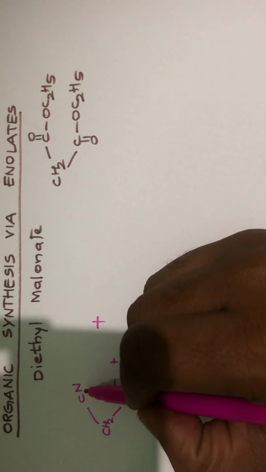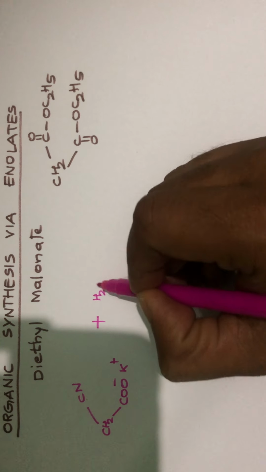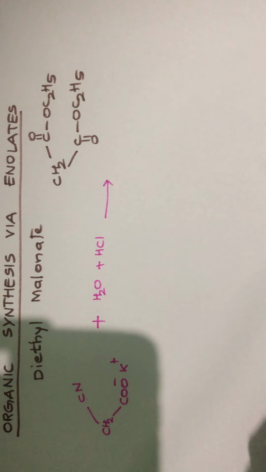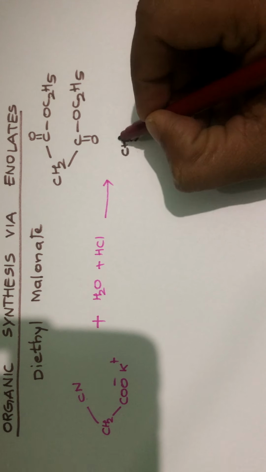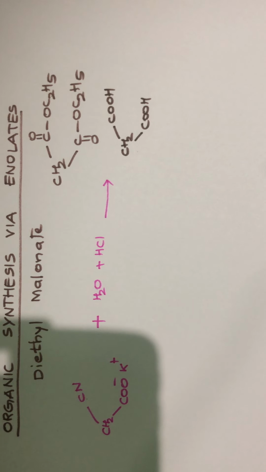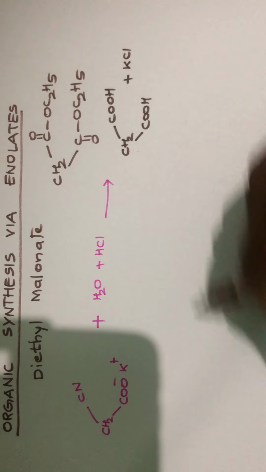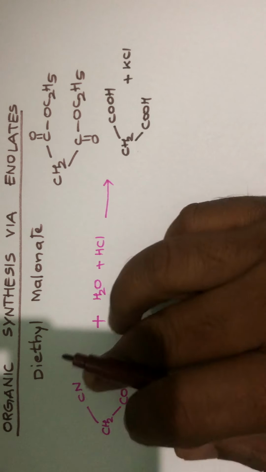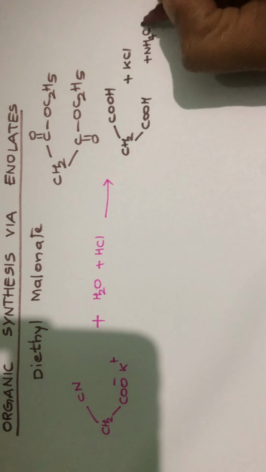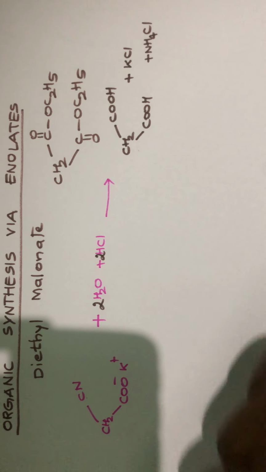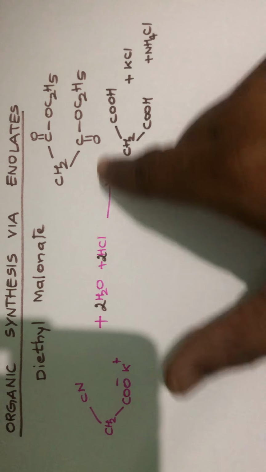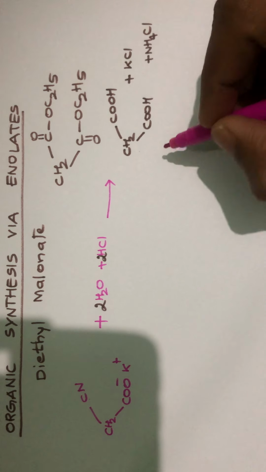In the presence of water and HCl, the cyanide undergoes hydrolysis and forms the corresponding acid, CH2(COOH)2. The side products are KCl, since potassium reacts with Cl, and NH4Cl, since the nitrogen goes as ammonium chloride. It takes 2 molecules of water and 2 molecules of HCl. So in the first step, the cyanide undergoes hydrolysis to form the corresponding acid, and we get malonic acid.